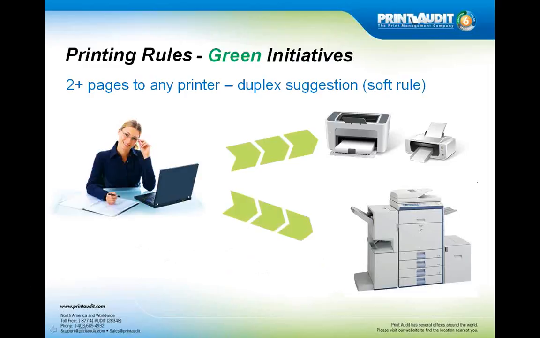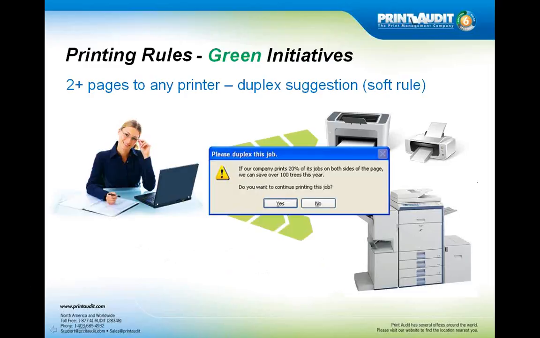Well, we might make a suggestion to Susie at the time of printing, when she's printing a job that's 2 pages or more, to duplex this job. And of course, if Susie's trying to print to a non-duplex capable printer in the first place, then the net result of this is more volumes over to the duplex capable multifunction device. So it can really serve 2 purposes there. It can make the environment greener, but once again, it can start driving volumes to your network MFPs.